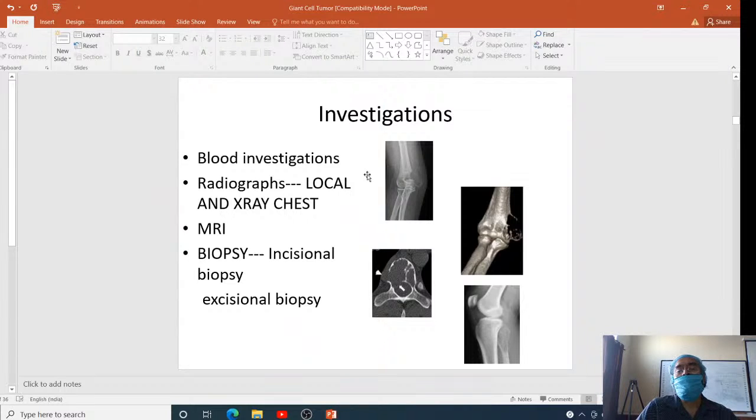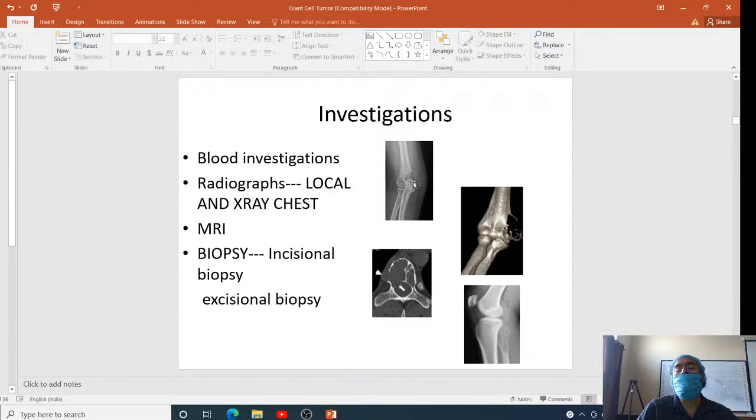And then radiographs. Radiographs are of your local area. See, this is the elbow joint here. This is the lower end humerus. You can see a swelling in the epiphysis, and the swelling is eccentric and expanding.